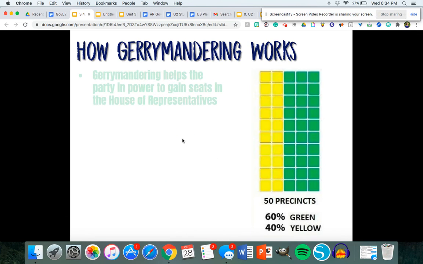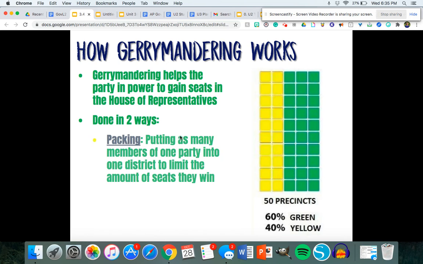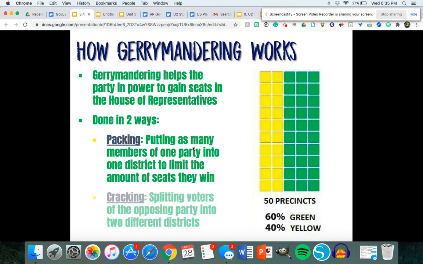So here's how gerrymandering works. Gerrymandering, as I've said, helps the party in power gain seats in the House of Representatives. And usually this is done in 2 ways. One method is packing. They put as many members of one party into one district as they can to limit the number of seats that party wins. So you would put as many of the yellow in particular in one district to make sure that they don't win many seats.